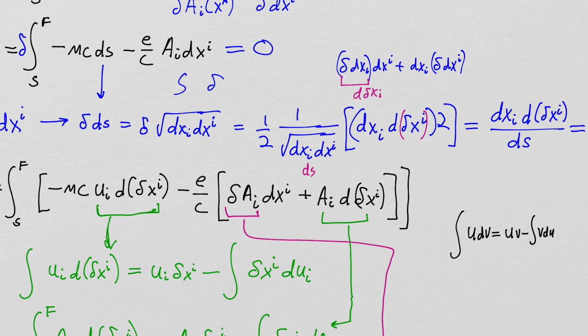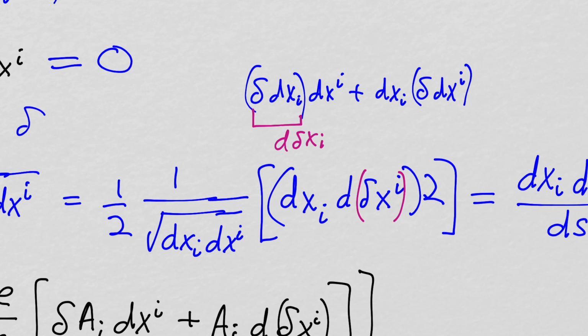That's not hard to do because we treat the variation exactly like a differential everywhere except we're careful not to integrate against it. So we have 1/2 times 1 over the square root of this thing times the variation of what's inside. The variation of dxi dxi is the variation of dxi times dxi plus dxi times the variation of dxi.